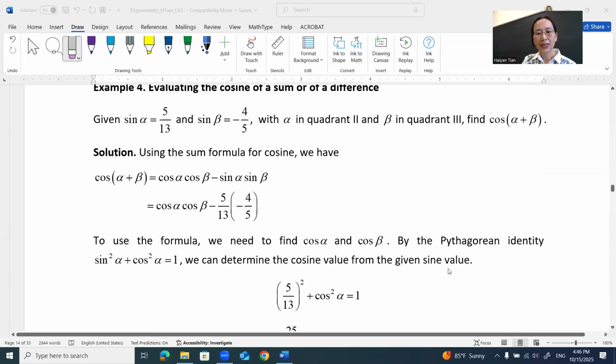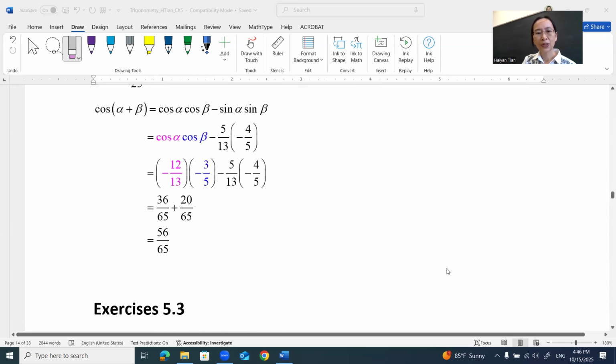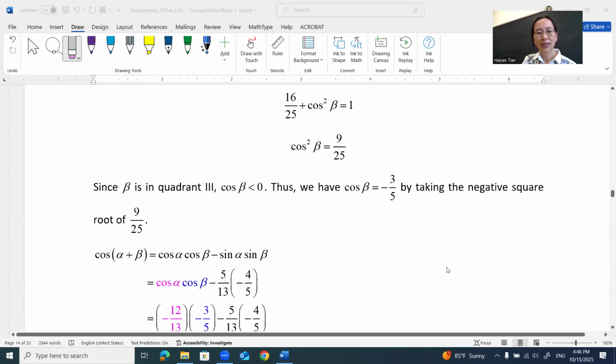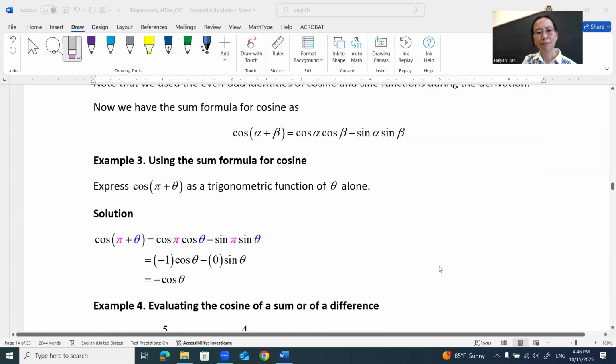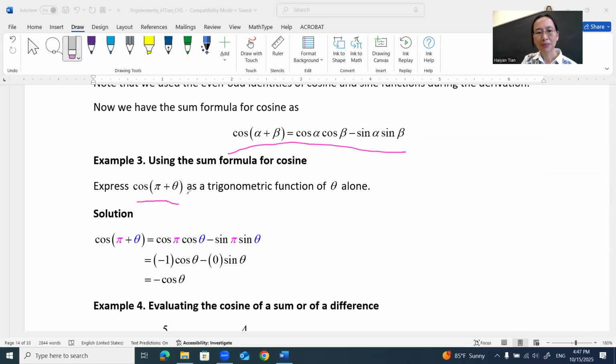Okay, so let's apply the formula to express this angle, cosine of pi plus theta.